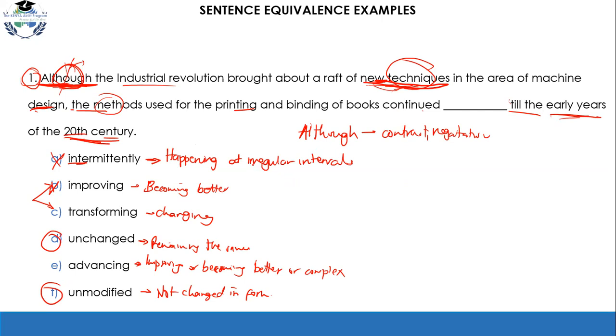I just wanted to add the aspect of time, the one you mentioned, till the early years of the 20th century. Because "although" negates, what you're going to put in there is negative. The time till the early years also tells us that something ancient has happened over that course of time, showing that there was no transformation, there was no change.